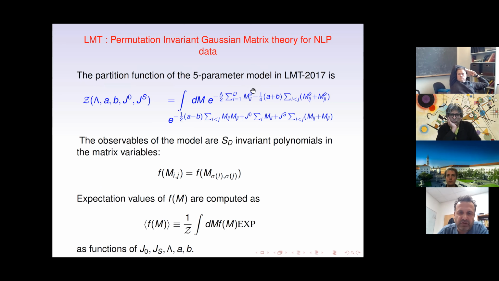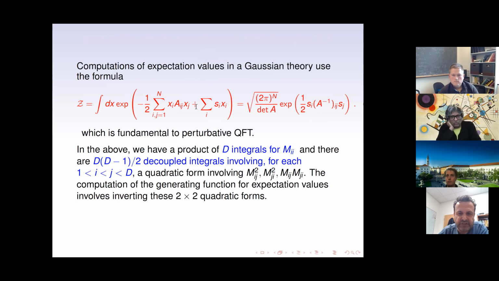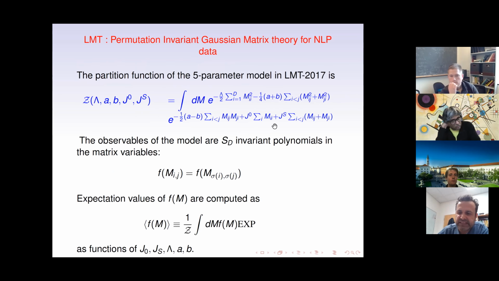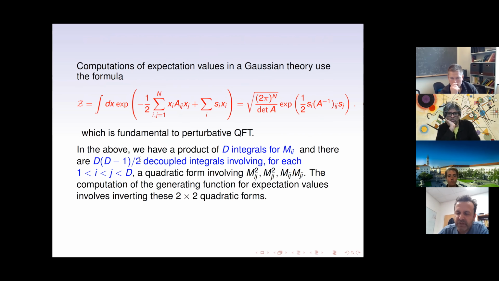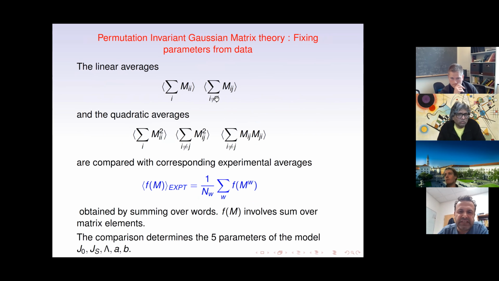So this kind of model can be solved. It can be solved quite easily because essentially, by solve, I mean you can calculate the path integral, you can calculate correlators. And the reason it's easy to solve is because you've got these decoupled integrals here. And then you've got d times d minus 1 decoupled integrals, one for each pair. So you can solve that, and you can calculate, in terms of the parameters of the model, these linear and quadratic expectation values.